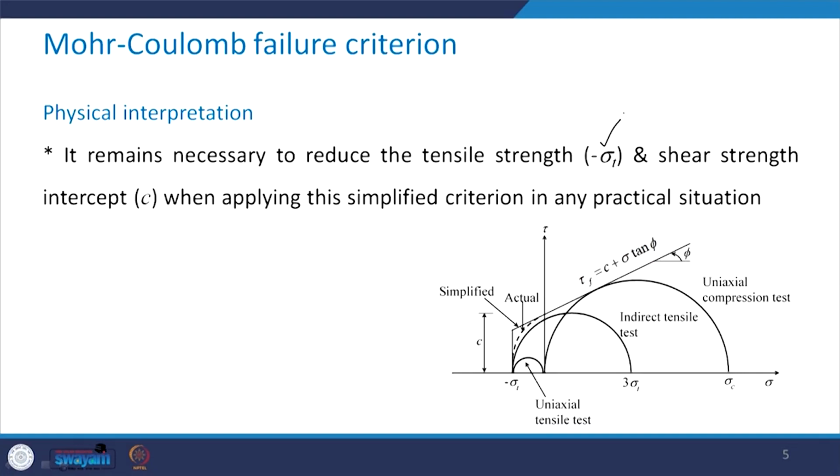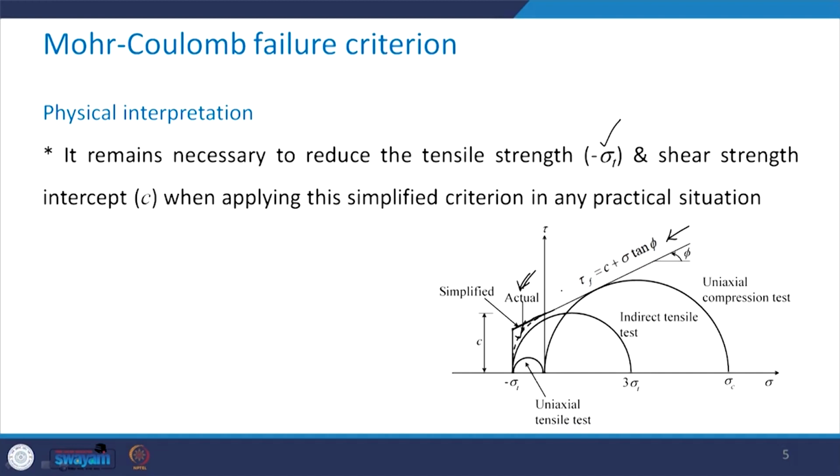Why is it so? You can see here that this dotted line gives us the actual value of the strength characteristic. However, by extrapolating the Mohr-Coulomb failure criterion, we have got this simplified version.